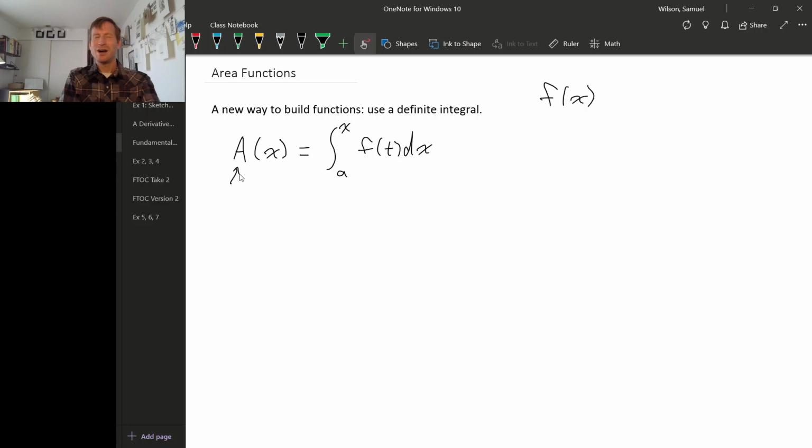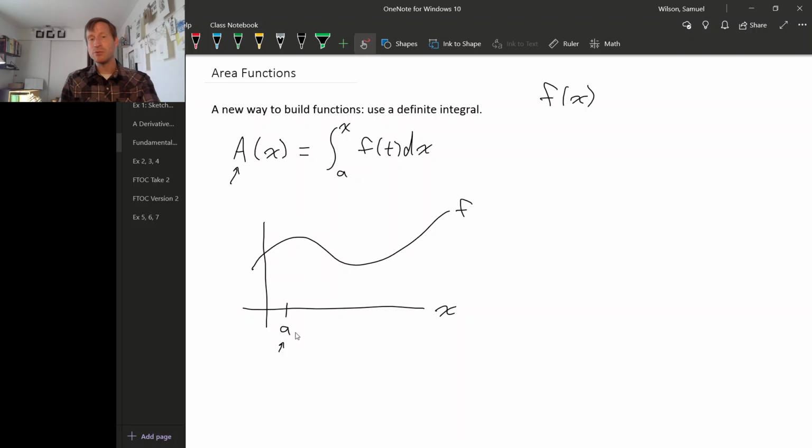Okay, so let's draw a picture of what this function is actually calculating. So we have here our xy plane, and there's some graph of f here, and we have some fixed spot, little a. Now this fixed spot little a could be anywhere, but as soon as you've chosen it, it doesn't move.